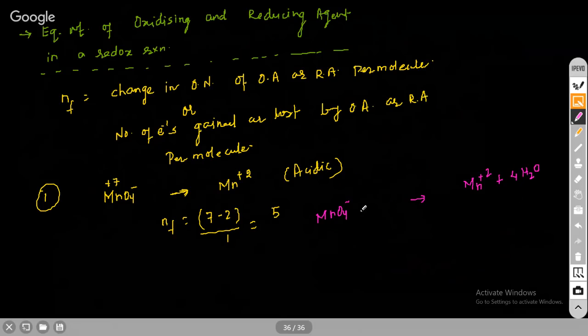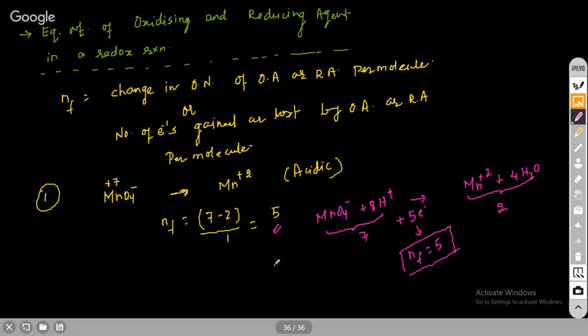To balance hydrogen, we add 8 H plus this side. The oxidation number goes from 7 to 2, so we have to add 5 electrons. The number of electrons exchanged is 5 per molecule because we have only one MnO4 minus. So the n factor is 5, the same as we got here. Both methods can be applied to find the n factor of the molecule.